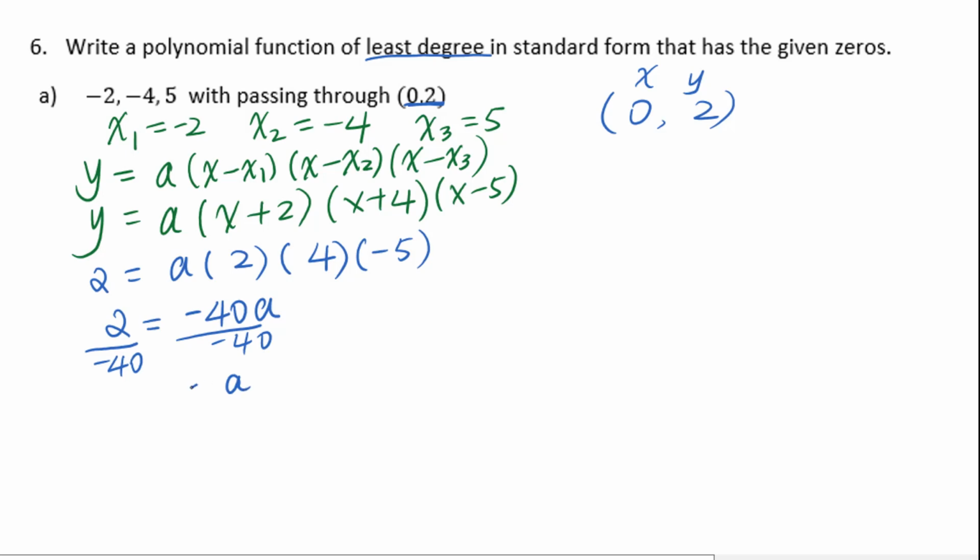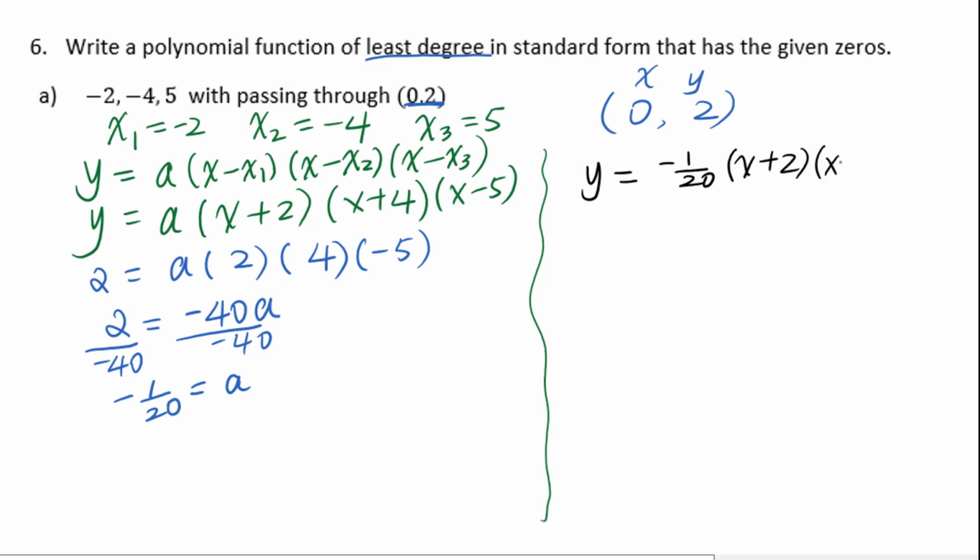You will get a equals -1/20. So we get y equals -1/20 times (x plus 2)(x plus 4)(x minus 5).